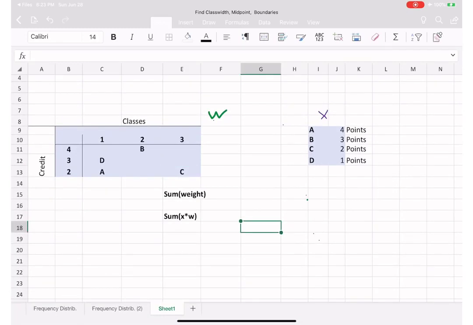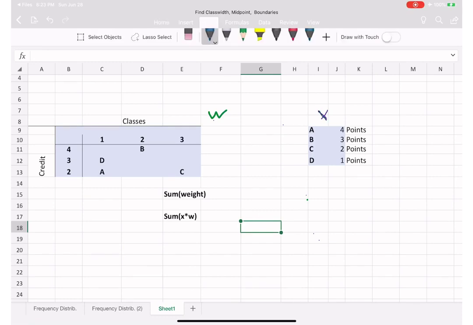So, in this problem, our x is given. It's right here, value of x, those are points of grades. All we need to find out is the weight based on amount of classes and credit hours. So let me write down the formula first of all.